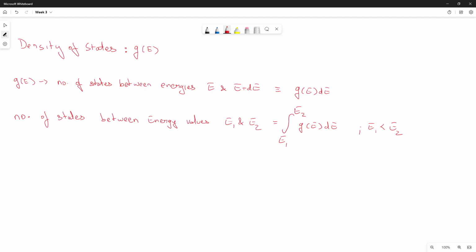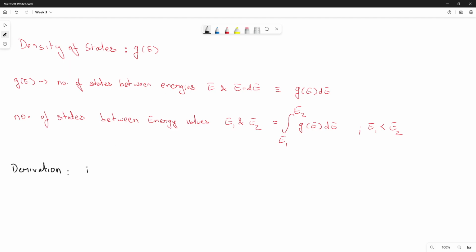Now, how to derive the density of states? When one talks about derivation, there are several approaches, but there are two approaches that I can think of.